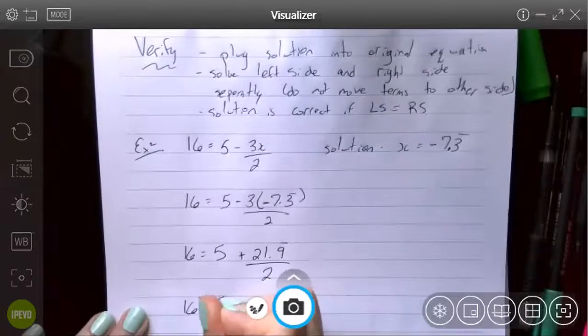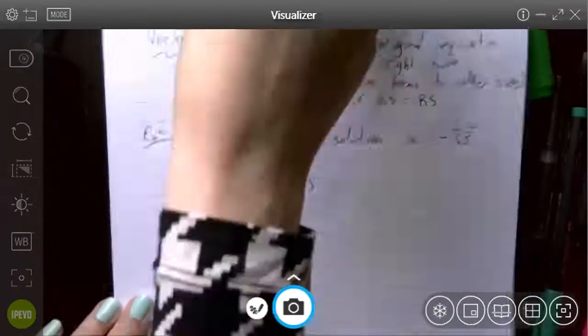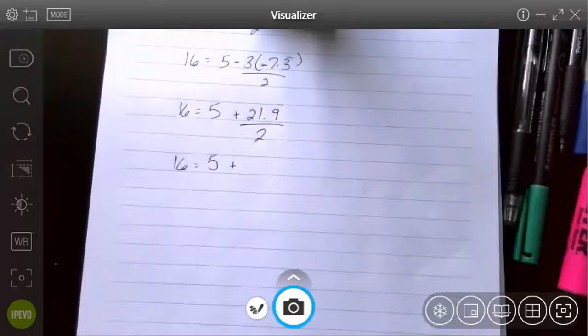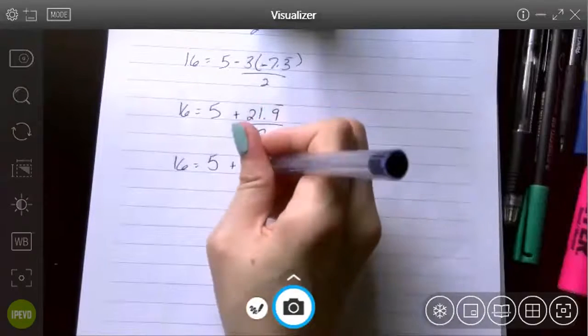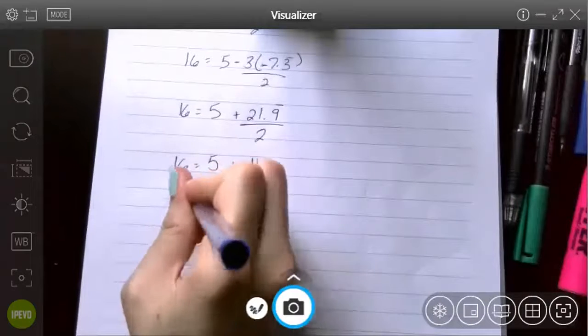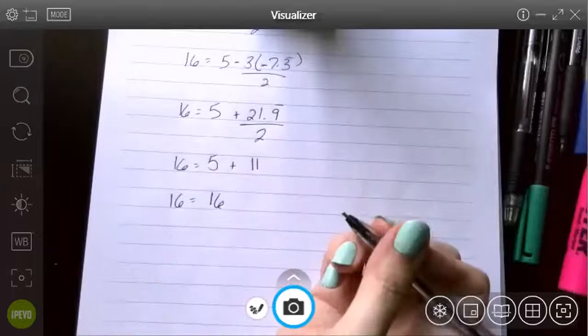So then we have 16 is 5 plus 21.9 repeating over 2, which gives us 11. And then 16 equals 5 plus 11, which is 16.